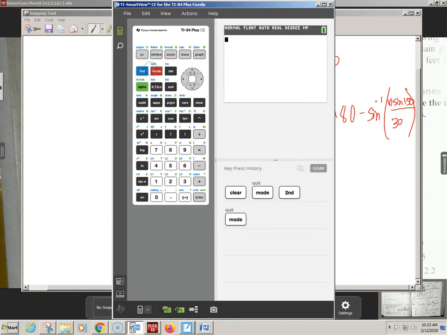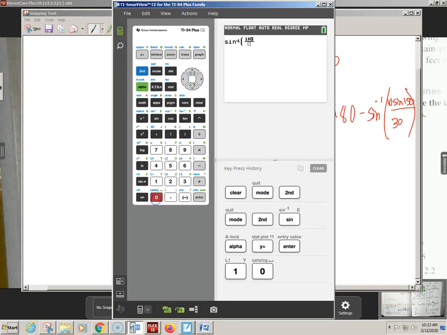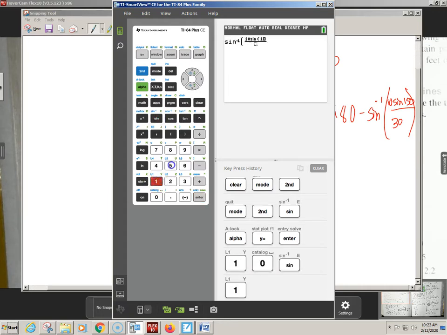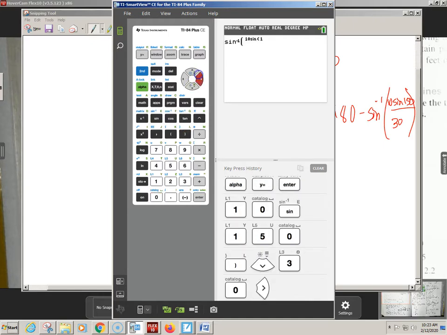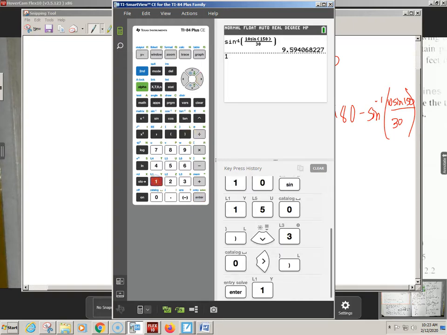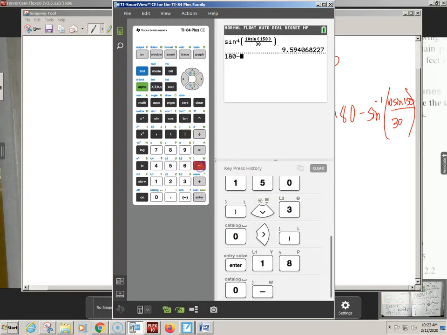Oh, I am. When you use that fraction feature, you'll be able to do a single sine inverse of alpha y equals enter. It was a lifesaver. But we have our 10, we have our sine of 150, and we're dividing it by our 30, and then we're ending that whole thing. But we can also do 180 minus that whole mess, just to consider whether or not there might be more than one.